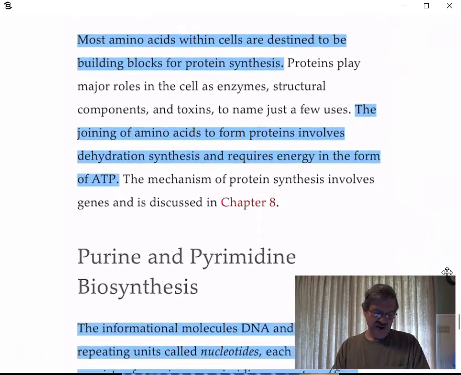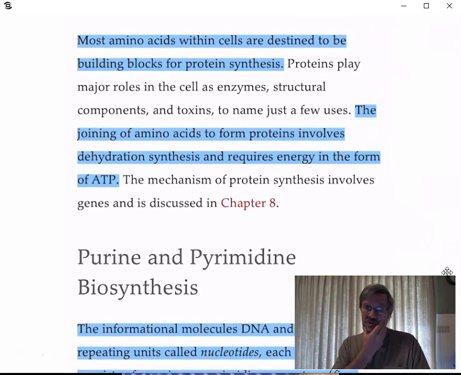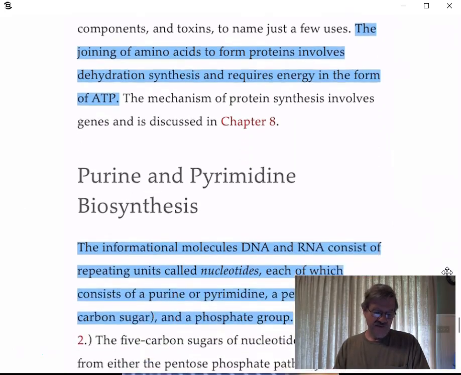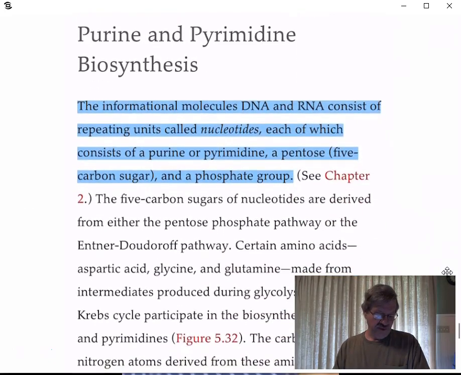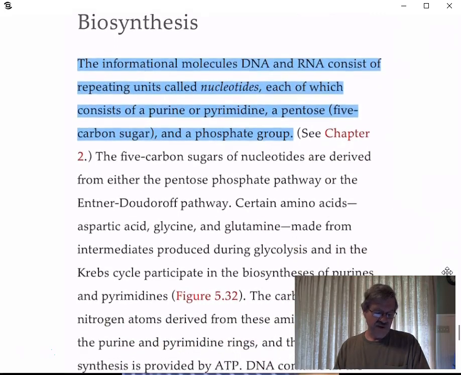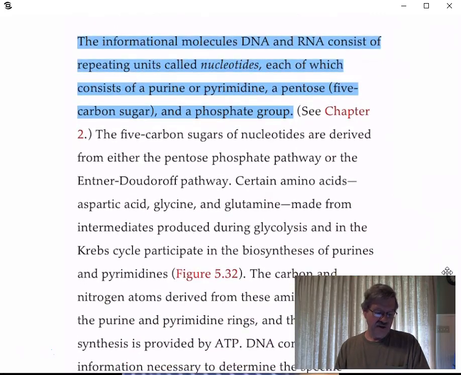Most of the amino acids are going to be used to build proteins in the cell, and again, the building up process is going to require energy. That energy has to come from ATP. Okay, purines and pyrimidines, these are going to be part of the DNA and RNA.